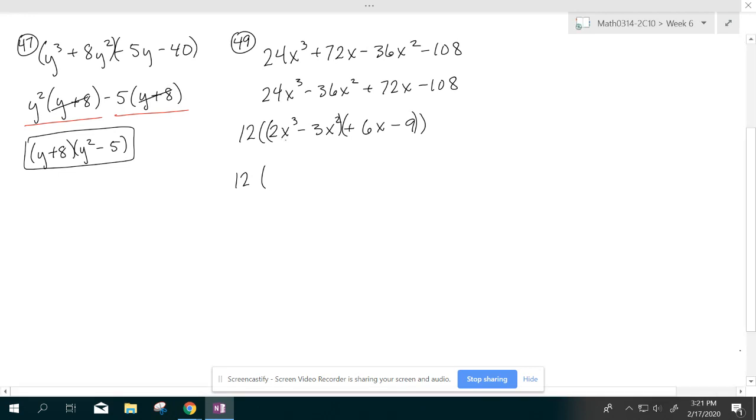All right, so again, what can I take out of the first 2? And what will that leave me with? Good. Take out the x squared. Leaves me 2x minus 3. What can I take out of the second group?